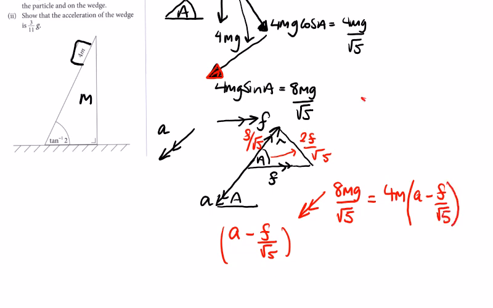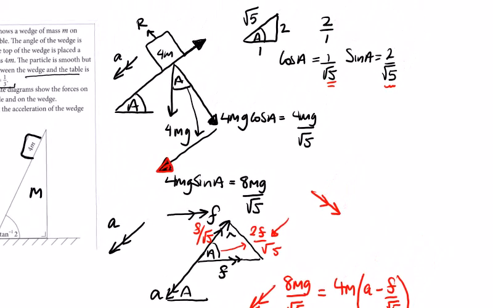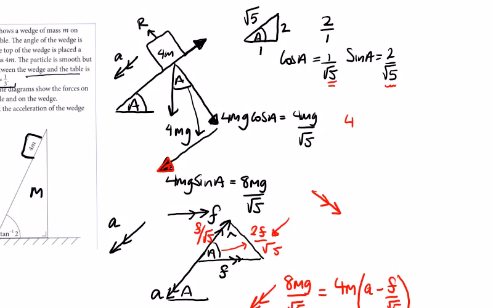and perpendicular to the slope in this direction. You can see my acceleration here. So we're going to have 4mg over root 5 minus R is up here, and here's my 4mg over root 5, and that's equal to 4m times the acceleration, which we said was down here, this 2f over root 5.